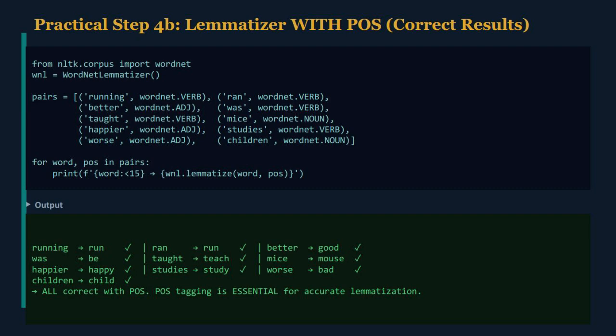So when you run this whole command, the results are now linguistically correct across the board. Running and rain both lemmatize to run, tart lemmatizes to teach, better lemmatizes to good, and all these are correct forms. This demonstrates the critical importance of providing parts of speech information to the lemmatizer. Without it, you get partial results. With it, you get linguistically precise lemmatization.